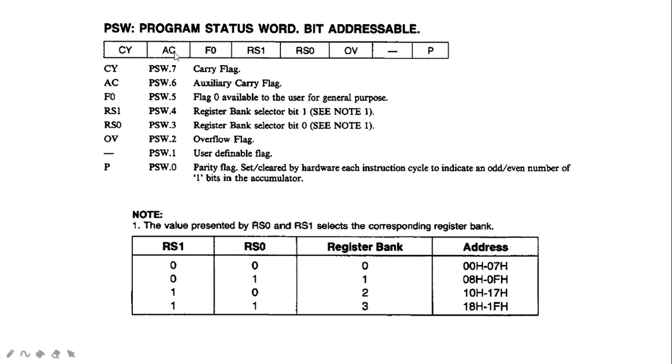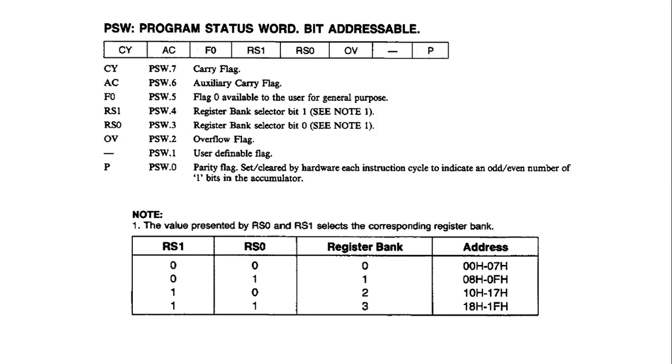And the auxiliary carry. In an addition, if the lower nibble generates a carry to the higher nibble, that bit is called the auxiliary carry, and the auxiliary carry flag will be set. The overflow flag is for signed operations.